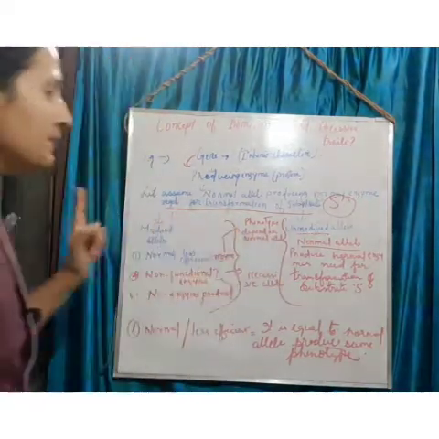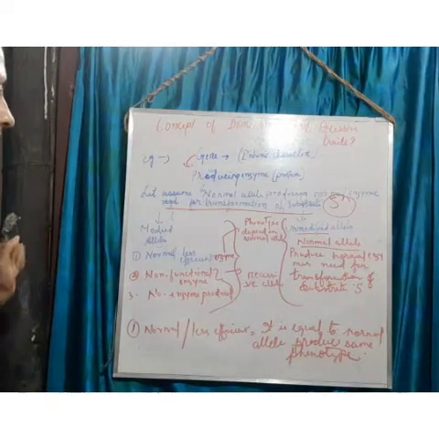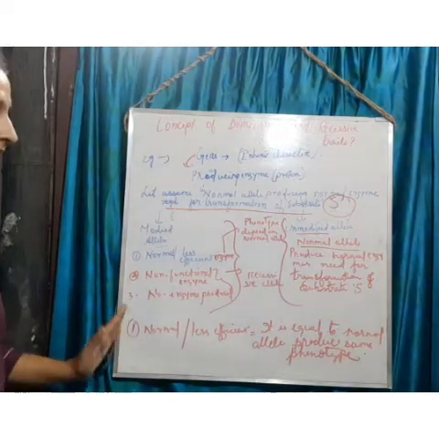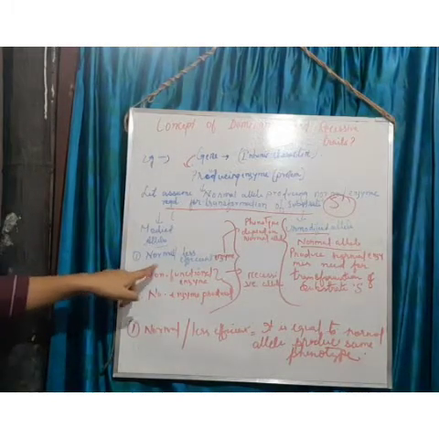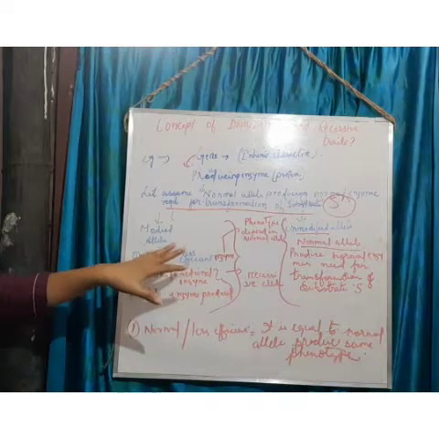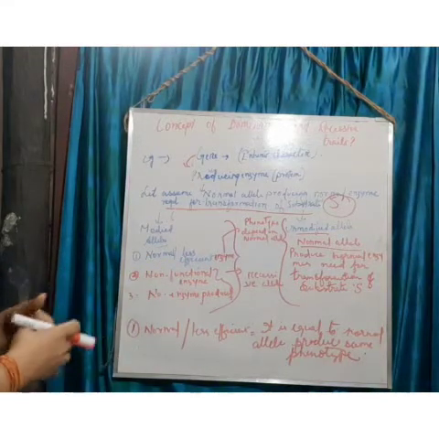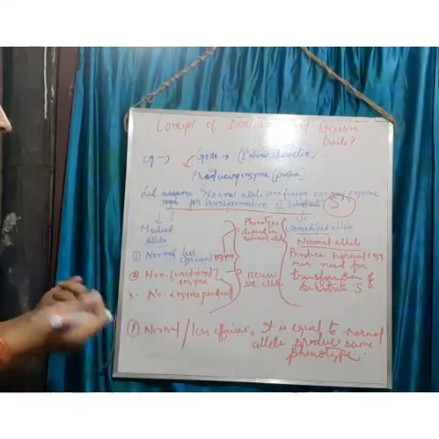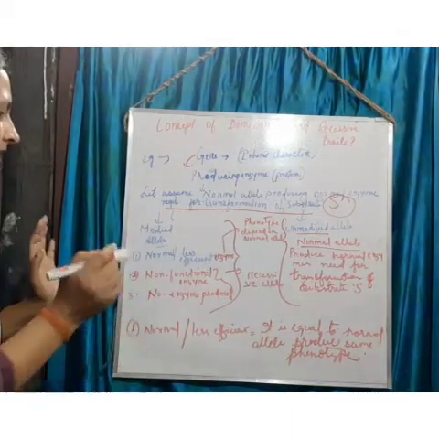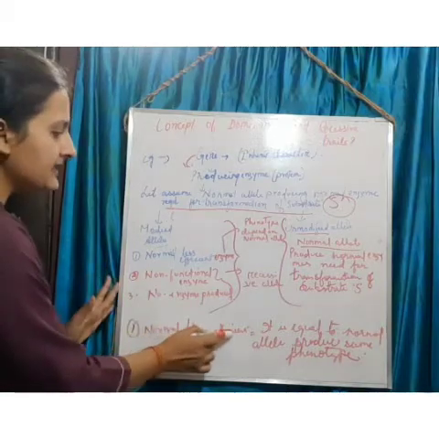But in the modified allele, what happened? There are three possible cases of what they could produce. First one is either normal or less efficient. Less efficient means it will not overpower, or less effective.